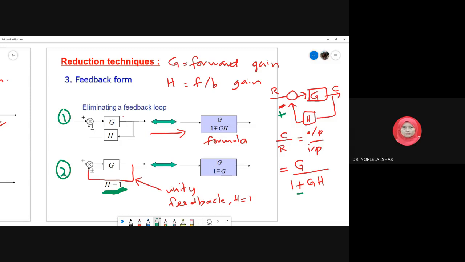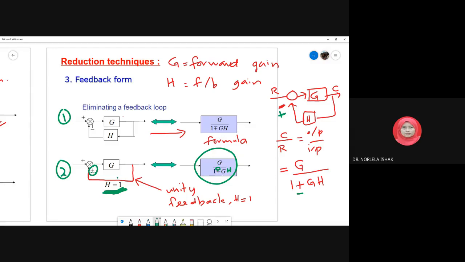And then how to simplify, or eliminate, this feedback? Because H equals 1, we can get G over 1 plus or minus G. You have to refer to this one. If they give you plus, you get minus.